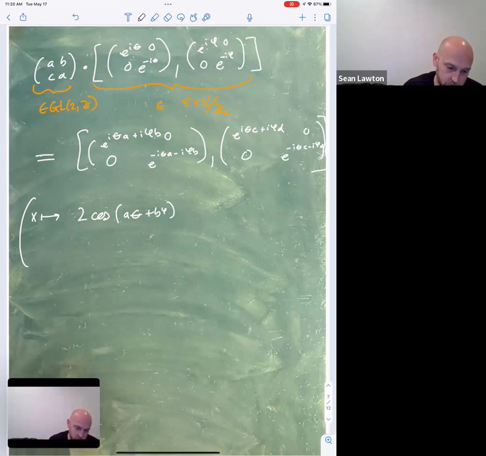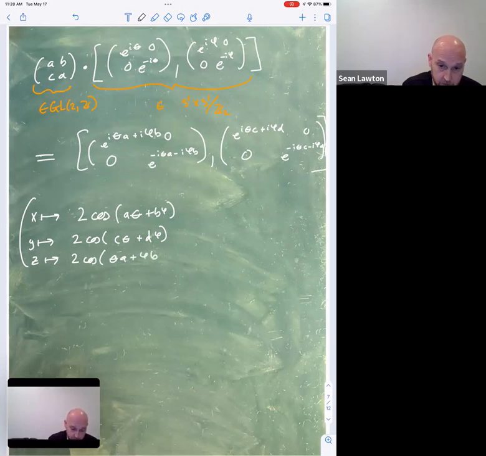X maps to that, y maps to 2 cosine c theta plus d phi. Is that right? No, that's d, sorry. And z maps, I think, to 2 cosine theta a plus phi b plus theta c plus phi d.